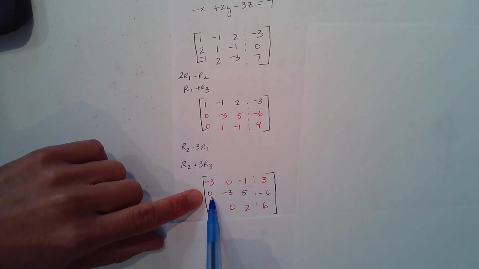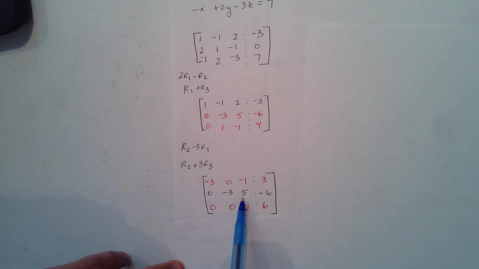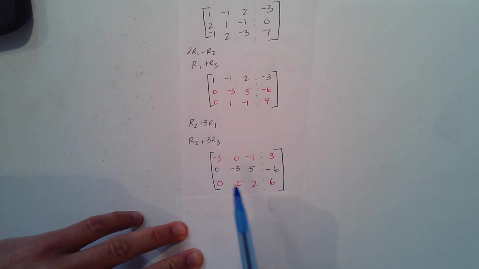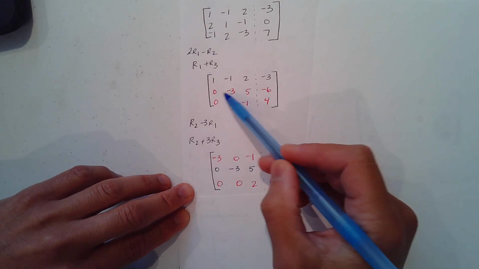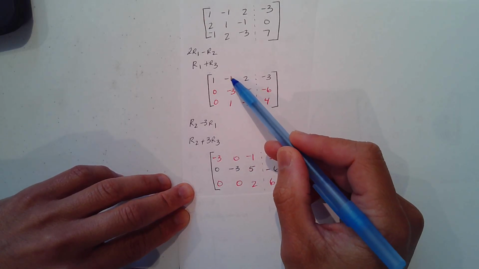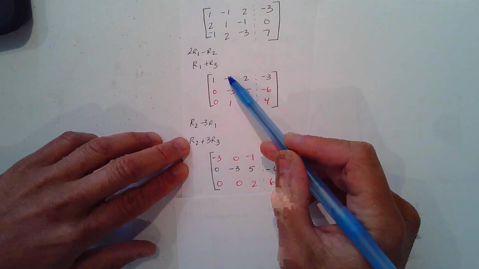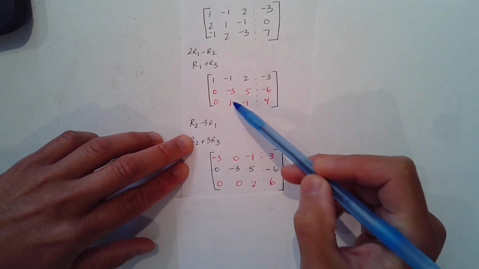So here is row 2, not changed. 0, negative 3, 5, negative 6. So now to use this row, making this 0 and 0, if this was a positive 3, negative 3 plus 3, we will get our 0. So that's what we're going to do.